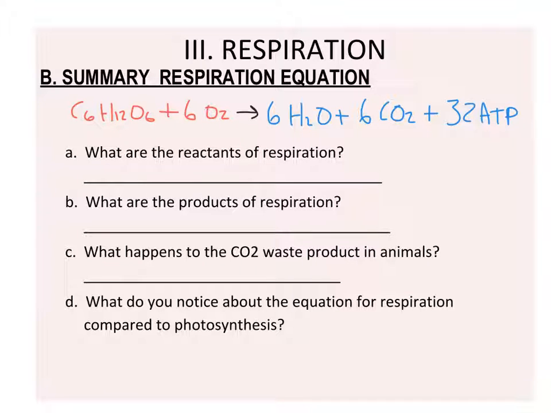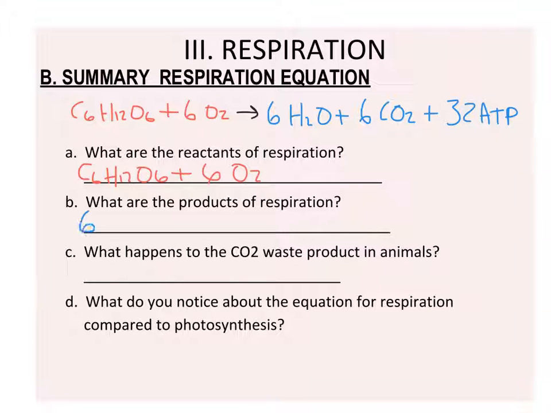So, obvious question, what are the reactants of respiration? Well, of course, they're in red. Glucose, C6H12O6, and we also need 6 molecules of oxygen gas. So those are the reactants. That's what's going to be broken down to produce the products. And what are the products of respiration?